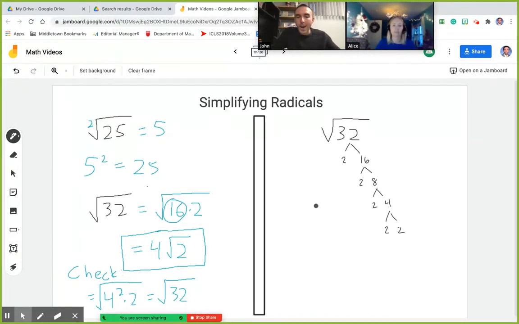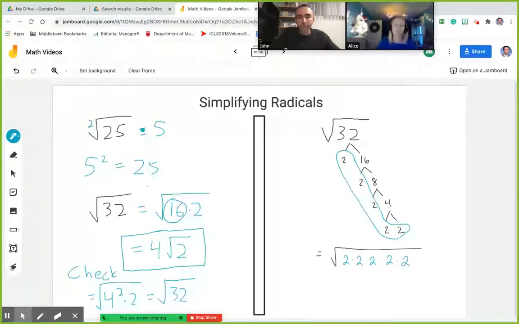So what we have here is that 32 can be rewritten as a product of prime factors. All of these 2's that we uncovered through the prime factorization, plus this additional last 2 at the end when we broke up 4 into 2 times 2. So I have 2 times 2 times 2 times 2 times 2.